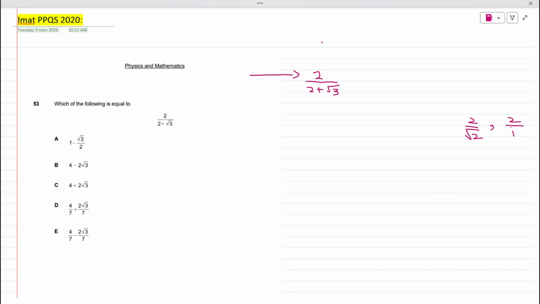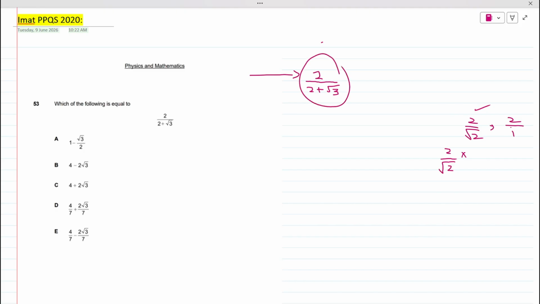It's very simple. Taking this example first, 2 by 2 under root 2, you write this as it is, and then multiply and divide by under root 2, in the numerator as well as the denominator. This simple thing you'll be doing here as well.